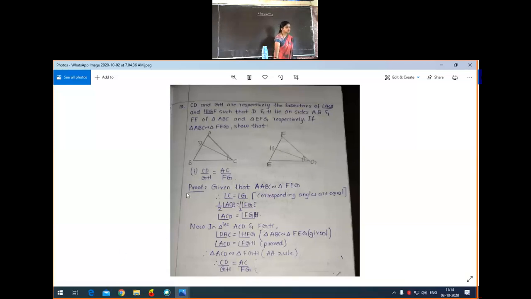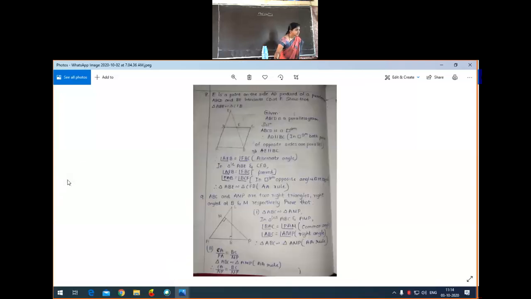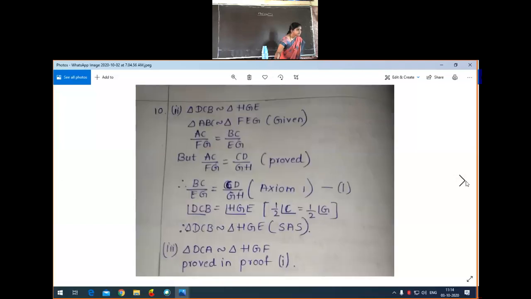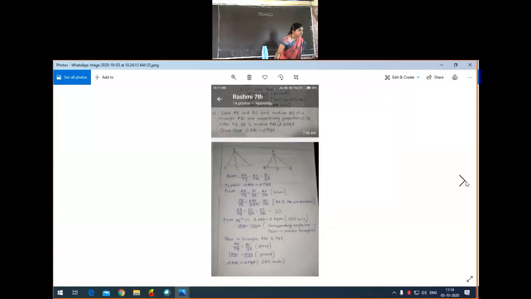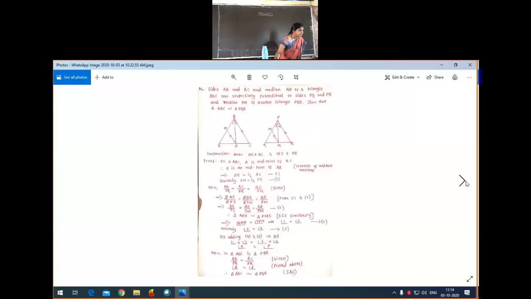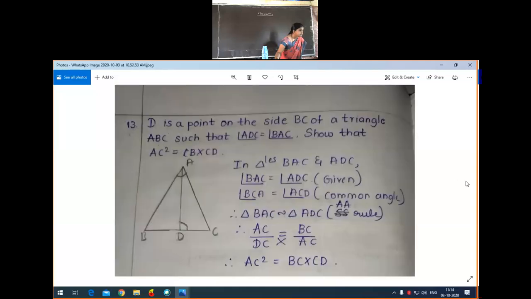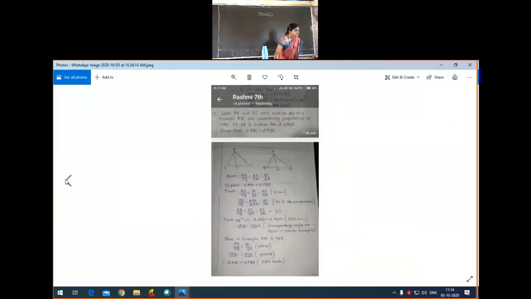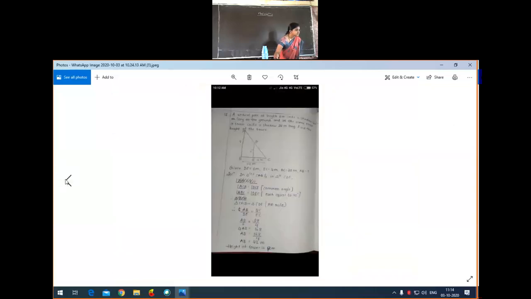Okay. So now, which one? Second one we have to prove. For that I will take the next page. That side. We'll take the full picture. We have that one. Okay. 11, 13. We don't have the picture. One second. 12th question, 15th question.